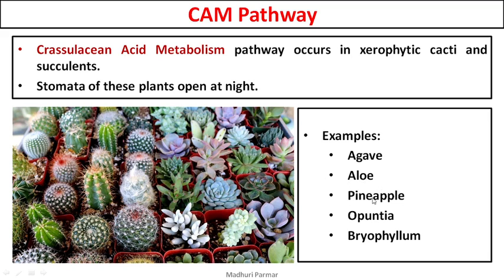Pineapple is another example. Opuntia is your normal cactus that you see. That also. Then bryophyllum. Remember, bryophyllum is the plant where vegetative propagation is seen on the leaves. Fine. So bryophyllum, all of these are examples of crassulacean acid metabolism pathway plants, CAM plants.